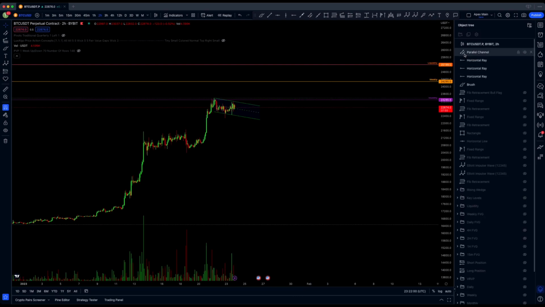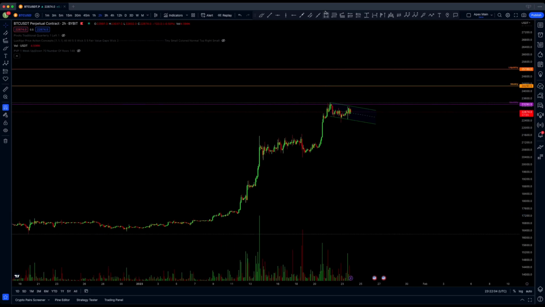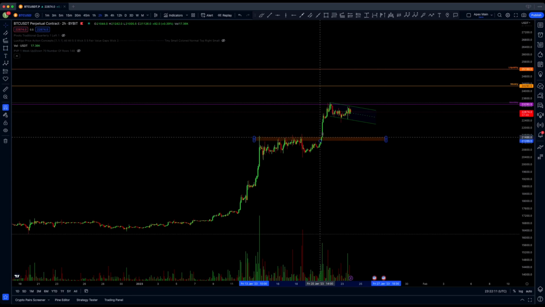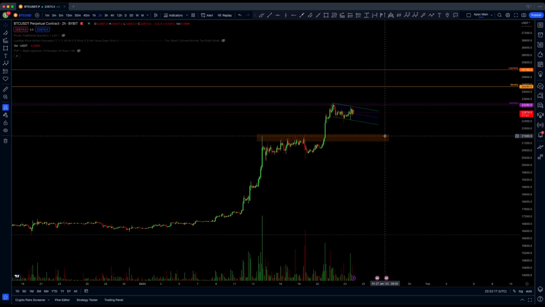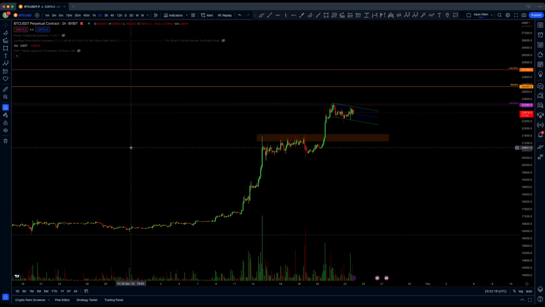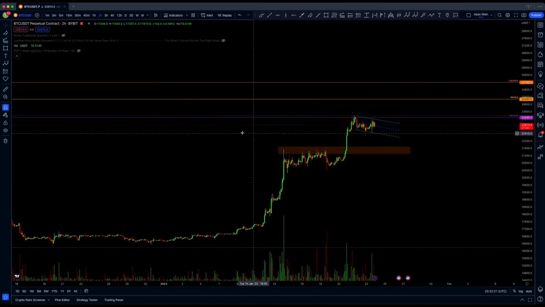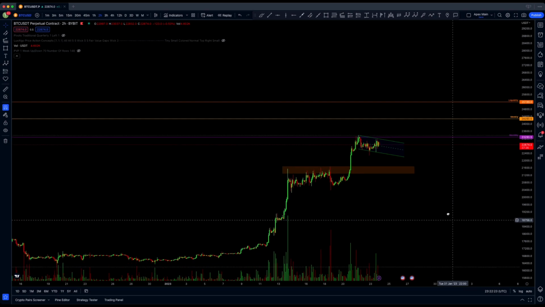Actually, no, we'll just draw it out. So you can see like this, we have a nice level of respected resistance here, which was support, but now from the breakout will act as resistance.